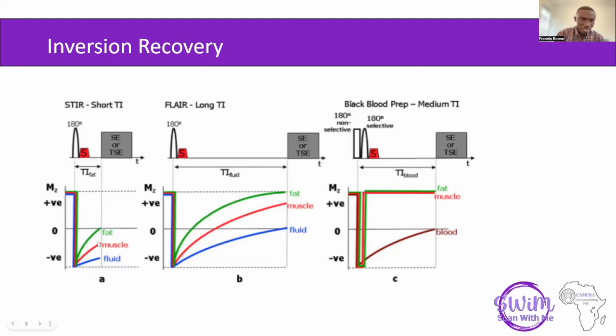And this depends mainly on the time of inversion. Each tissue has a different inversion time. You can see that fat has a short inversion time, fluid has a long inversion time, and blood has an intermediate inversion time.